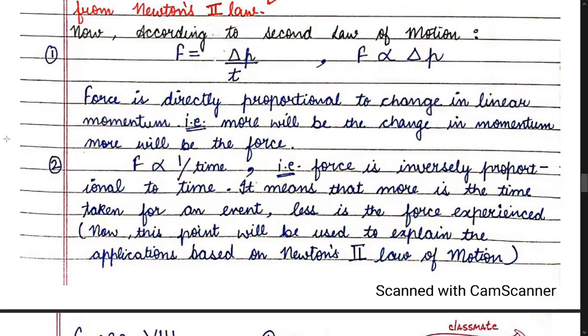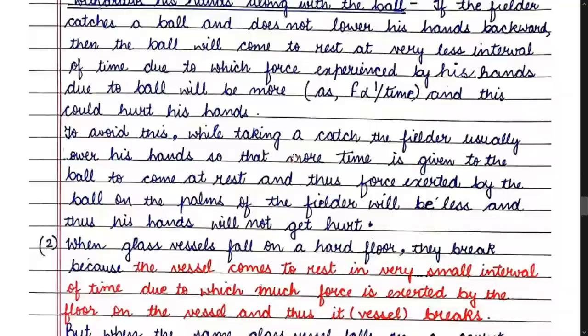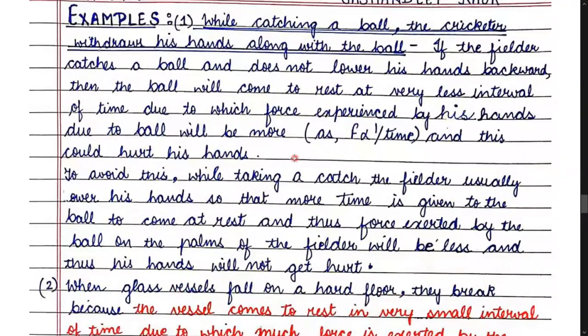So children, this second part which I have written here will be used for the examples of second law of motion. So children, I request you all to go through these two examples and understand that if we increase the time for any event to occur, then the force experienced will decrease.